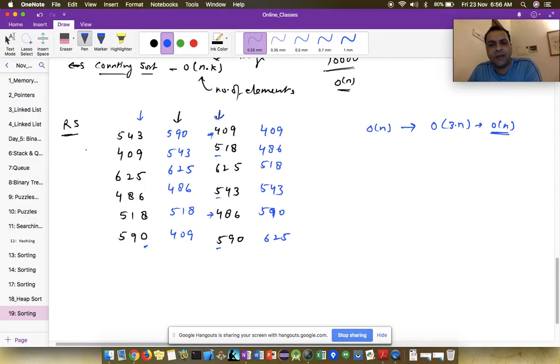On the other hand, if I apply quick sort, it will take 3 times n log n time, which is worse than applying counting sort.